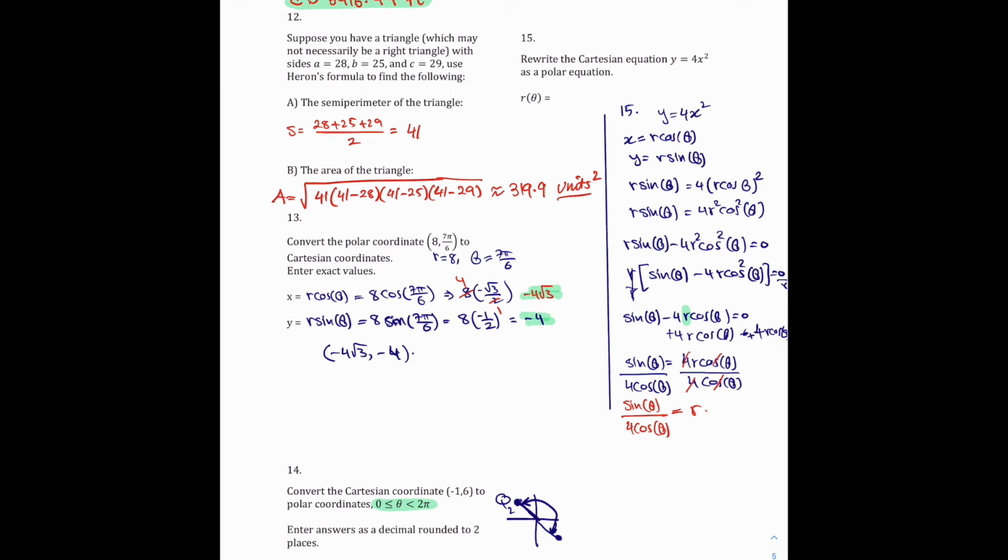Cosine squared actually here. So the final answer is r of theta is equal to sine theta over 4 cosine squared theta. And that is the final answer for that one.